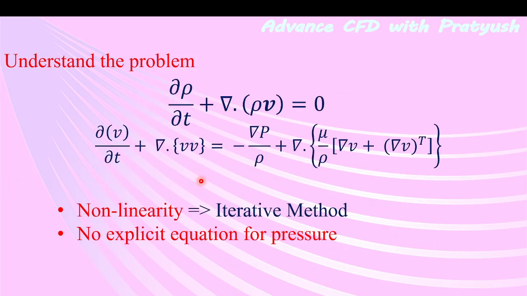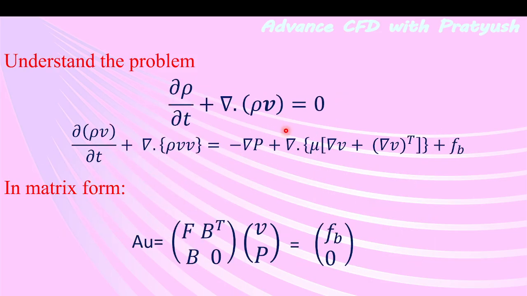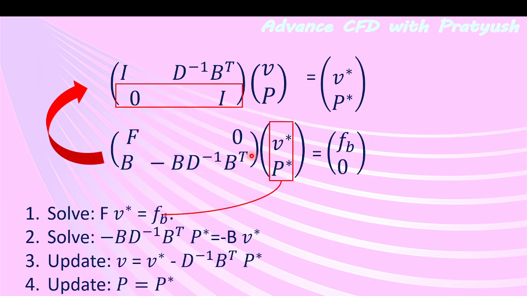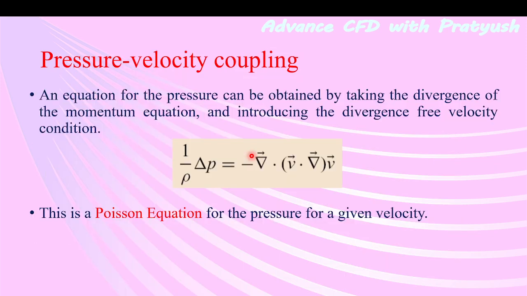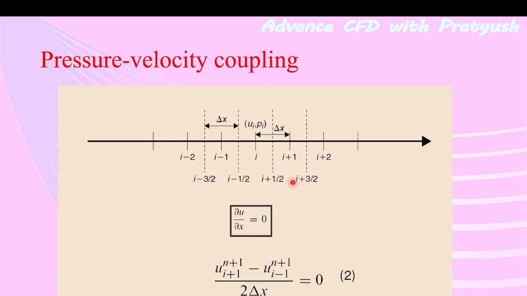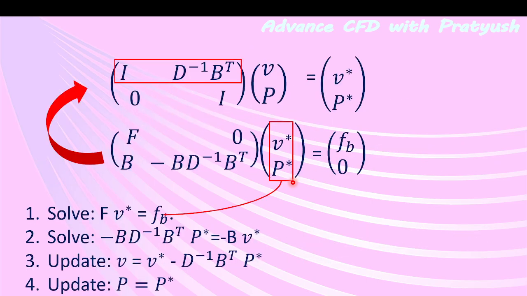Let me show you the momentum equation in this form. The pressure is like a delta into P. But when we take the divergence, that becomes a Laplacian kind of equation for the pressure, and this is the tensor equation. The other terms will become zero because they follow the continuity equation.